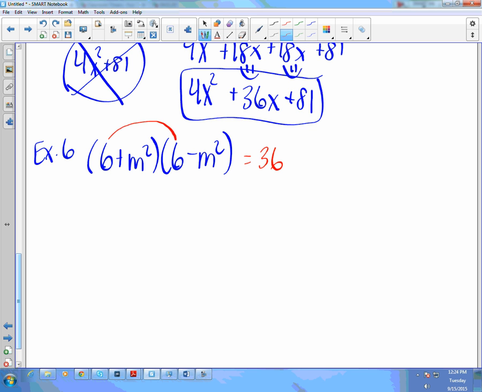Okay? Rosie, what do you do next? Good, negative, what she said. Which is what? Negative 6m squared.